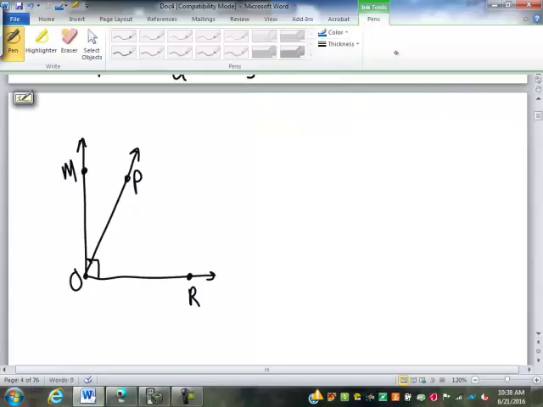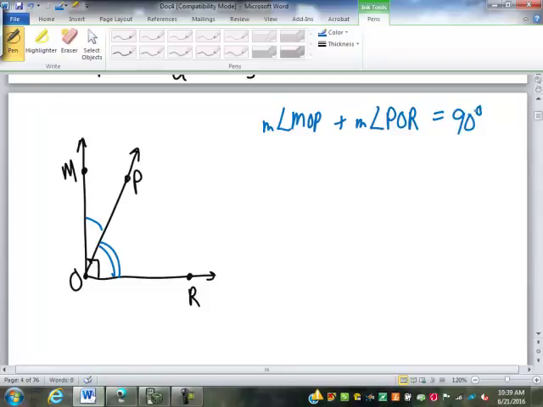So here, what do we know about the measurement of angle MOP plus the measurement of angle POR? What do they have to add up to? 90. Perfect. They combine to make a right angle, so that's 90 degrees.